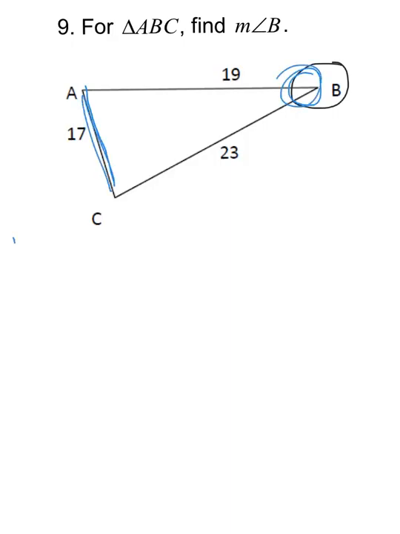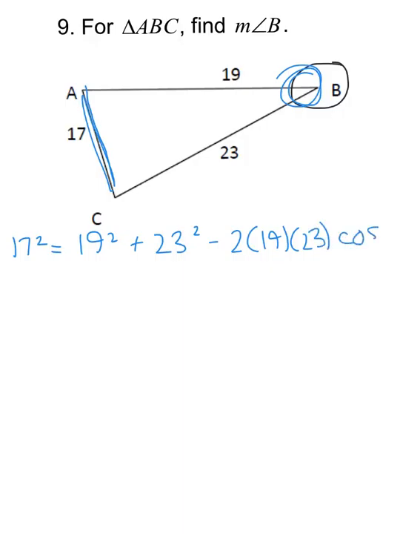So in this case, it's going to be 17 squared equals 19 squared plus 23 squared minus 2 times 19 times 23 cosine of angle B. I don't really need these parentheses right here. I'm just doing it to show you the numbers here.